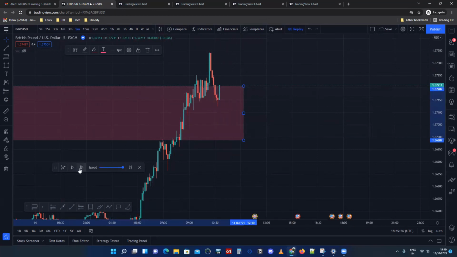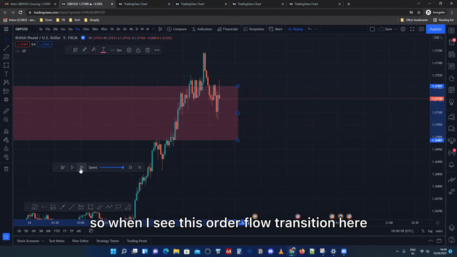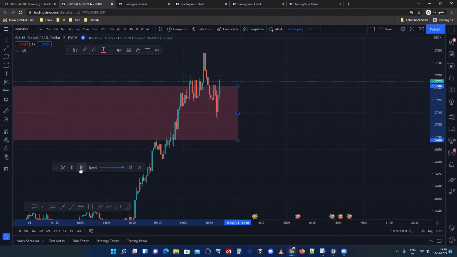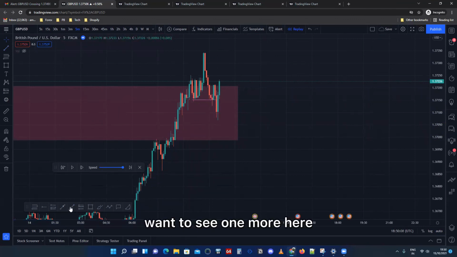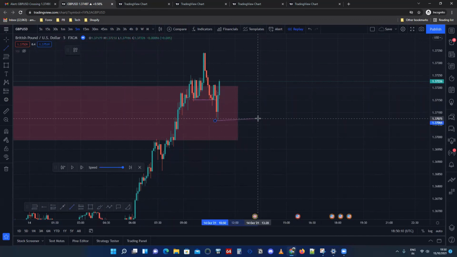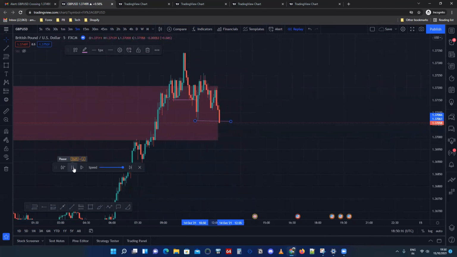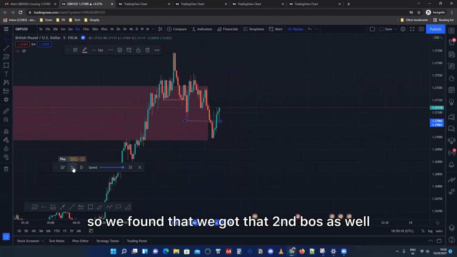So when I see this order flow transition, we got one break of structure, and we want to see one more here. We found that we got that second BOS as well.